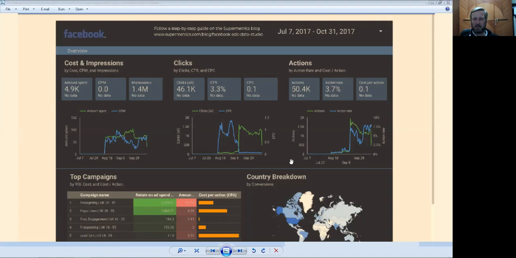So unless, unfortunately, this graph doesn't go down further, so I can't see more information. But these are different campaigns, and it seems like this campaign wasn't very effective compared to the rest. But the post engagement was quite effective, so you need to find out what to do here and try and spend more on that. That seems to be a logical thing to do.